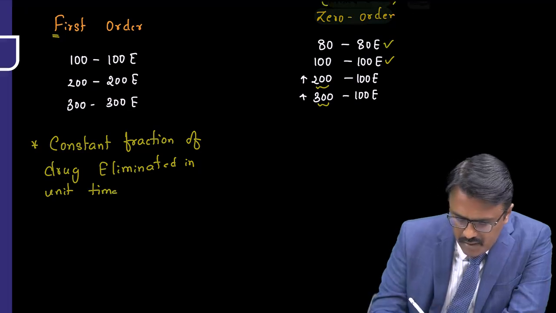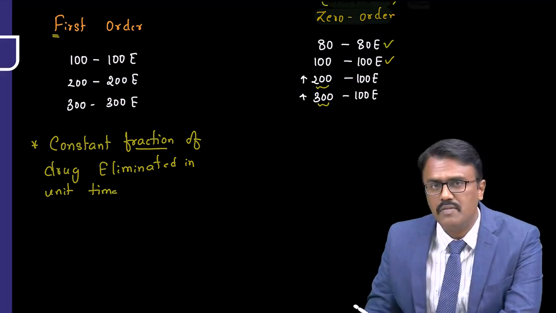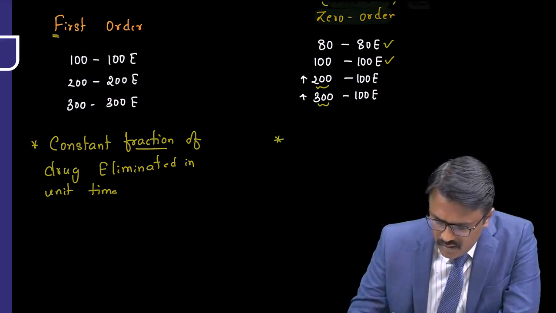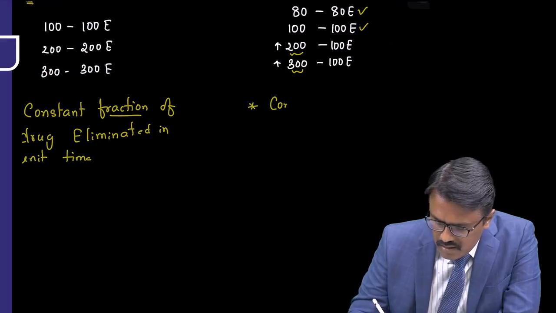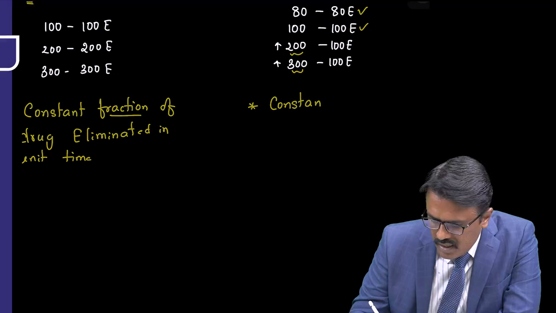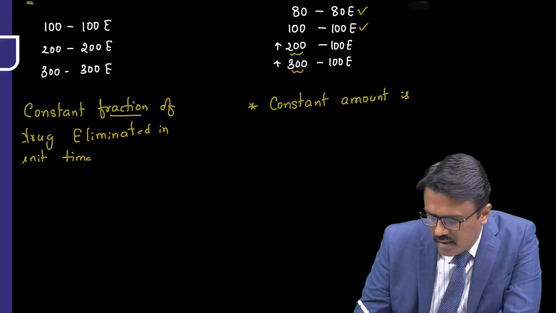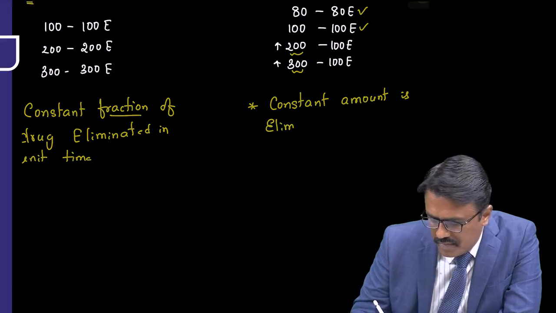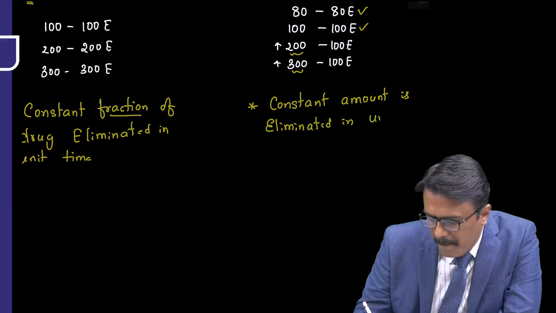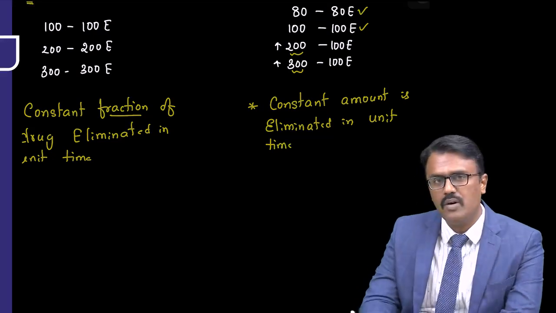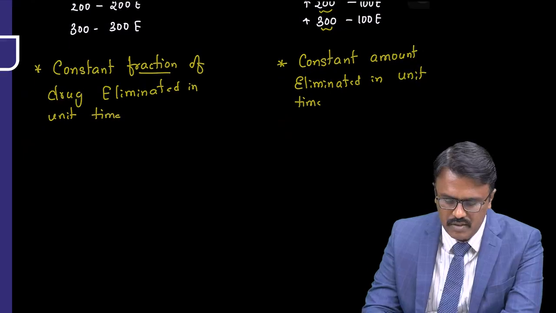You can remember by the first and fraction, both start with F. Now coming to zero order, constant amount is eliminated in unit time. So zero order, it is amount, and first order, it is fraction.